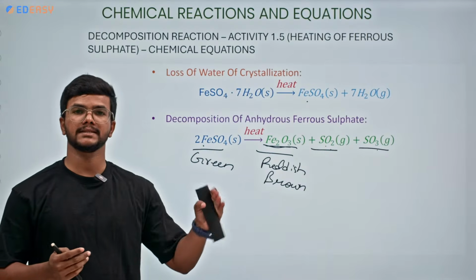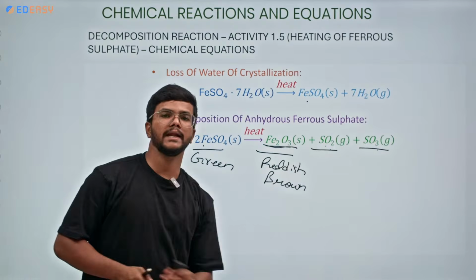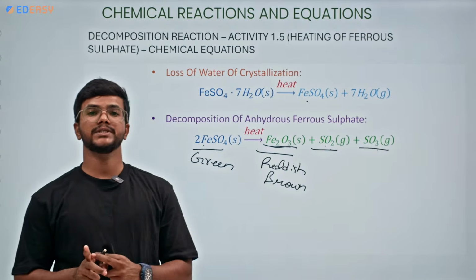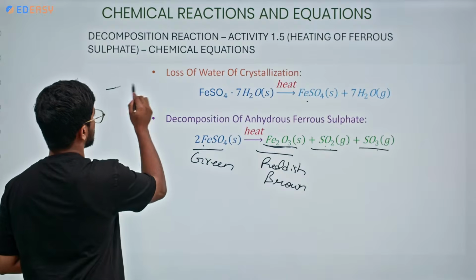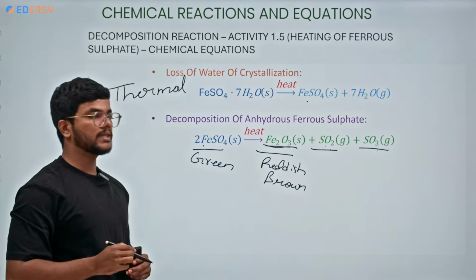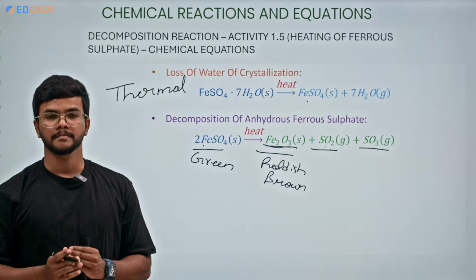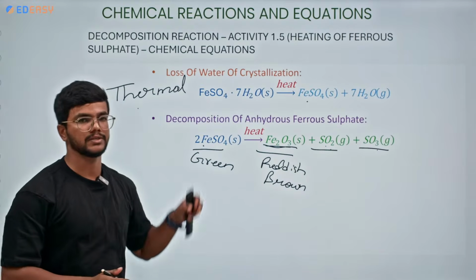The color changes and some gases are released, and those gases are SO2 and SO3. This is the decomposition. In decomposition, we have 3 types. This is thermal decomposition. Thermal decomposition means that with the help of heat we decompose the chemical compound. So decomposition with the help of heat is nothing but thermal decomposition.